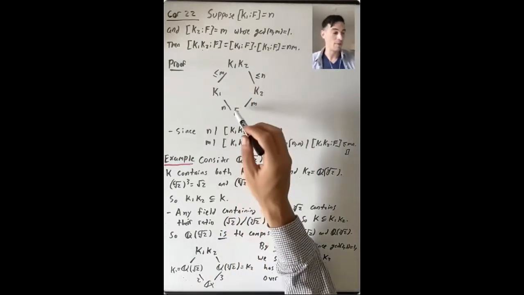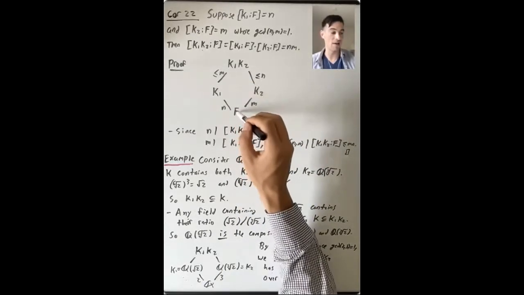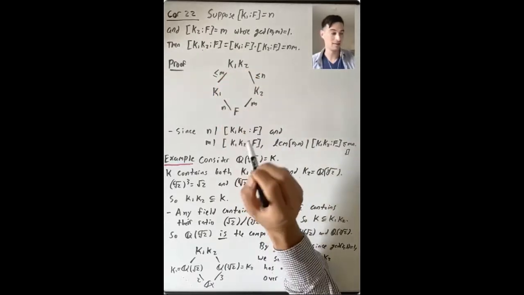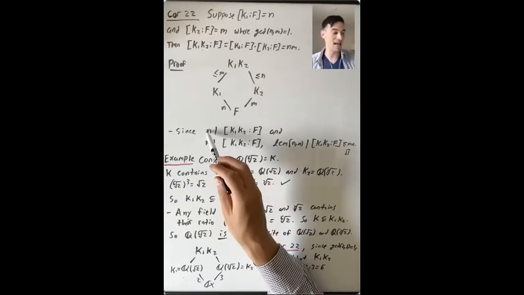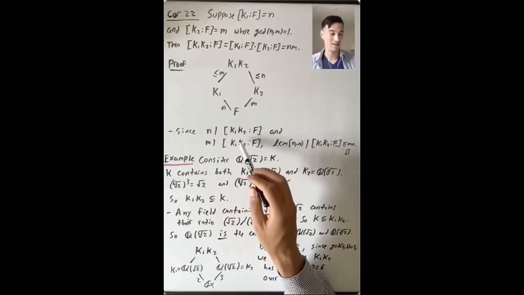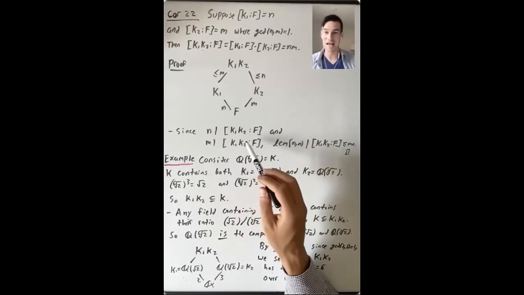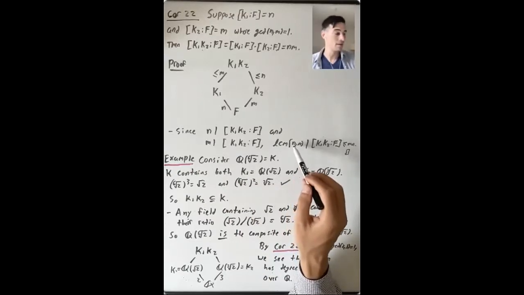And what do we know? By multiplicativity of degrees, the degree of K1K2 over F is n times something. And it's also m times something. So what does that mean? That means n divides this degree, and m divides this degree. But that means the least common multiple of n and m has to divide the degree. And if n and m are relatively prime, that least common multiple is n times m.